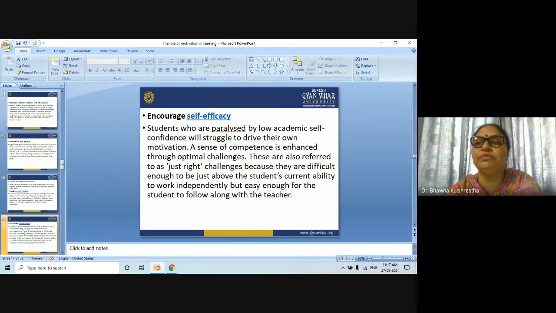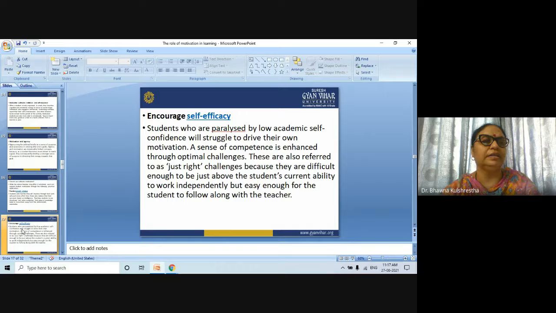This slow removal of support, paired with the teacher's positive reinforcement and opportunities to receive support along the way, keeps students at this level of optimal challenge. As they improve, consistent small successes will further enhance motivation.